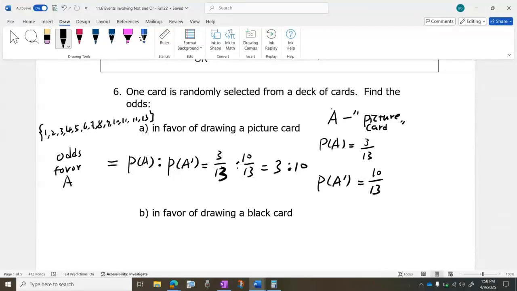So you can compare the chance of winning with the chance of losing. Okay? Does that make sense?